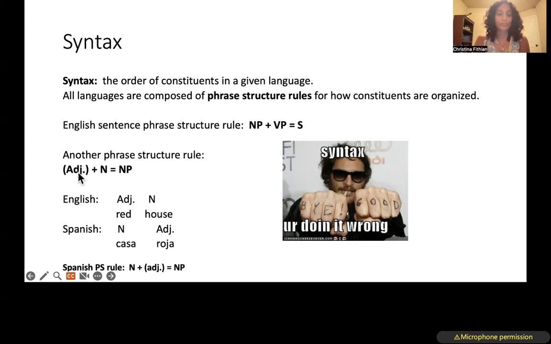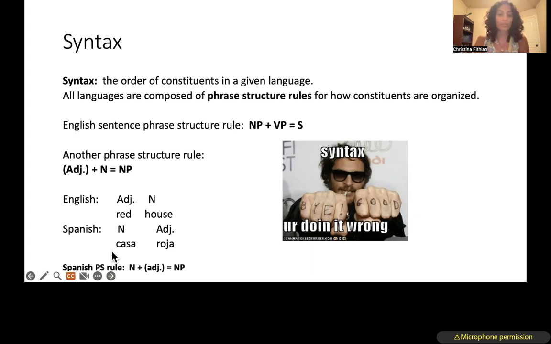So here, this phrase structure rule is at the very minimum, we need a noun and we get a noun phrase. But if we add an optional adjective, which is indicated with these parentheses. Parentheses means something is optional. So we get an optional adjective plus a noun, then we're going to get a noun phrase.